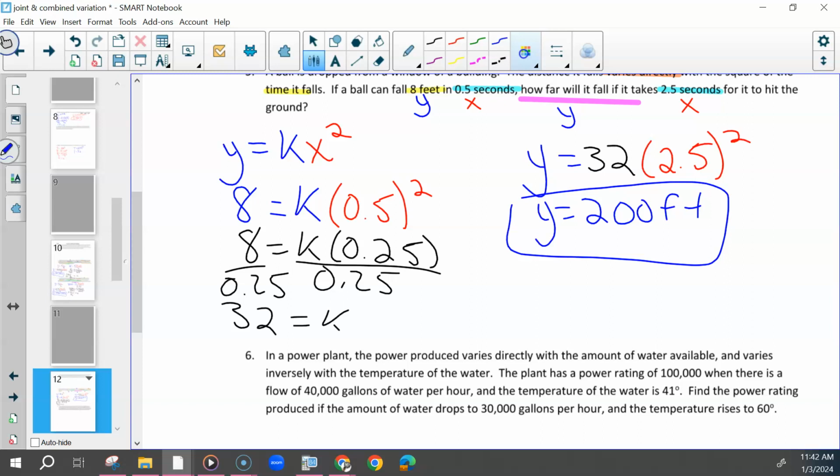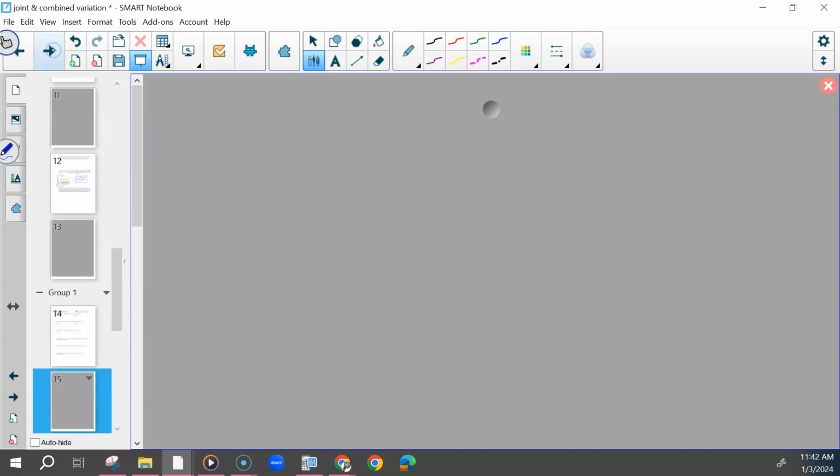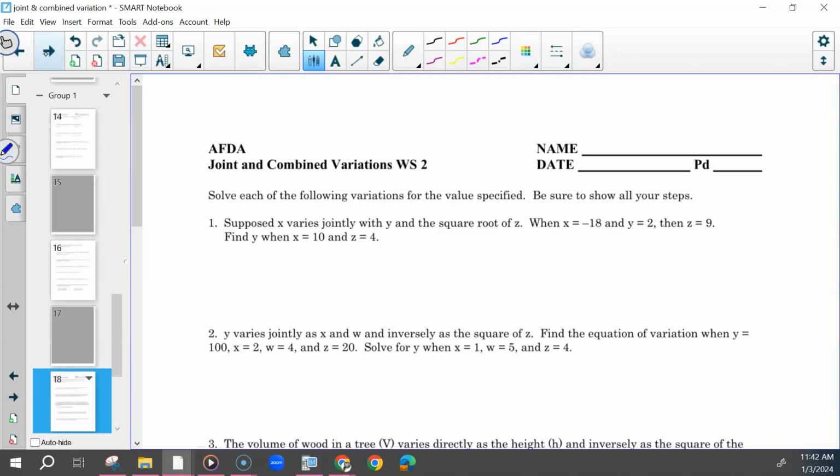On the very last page, number 10, and that'll be the last one you do. That way you'll see one of each kind or type of problem.